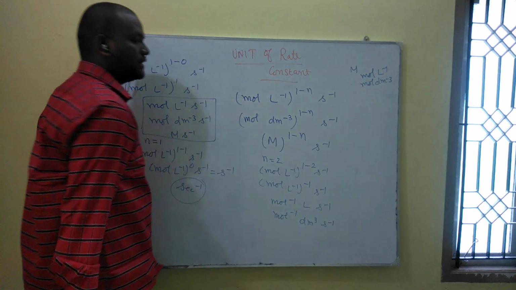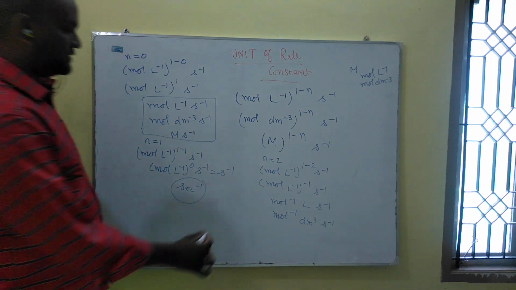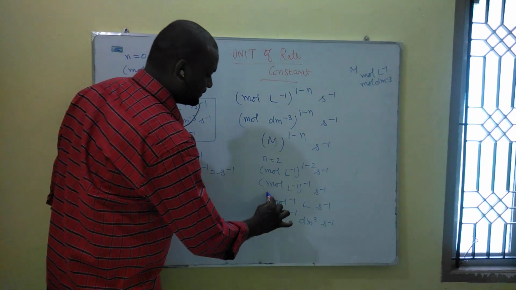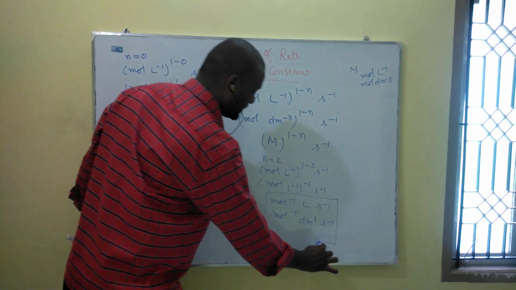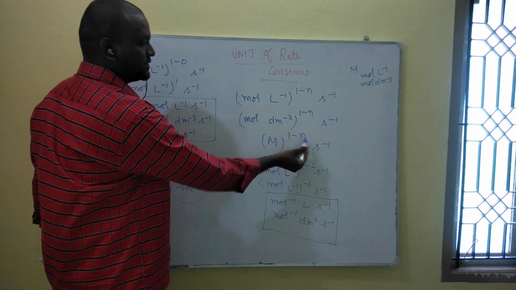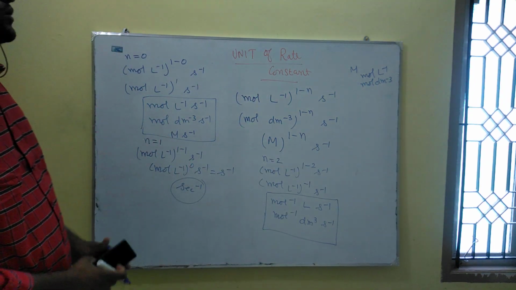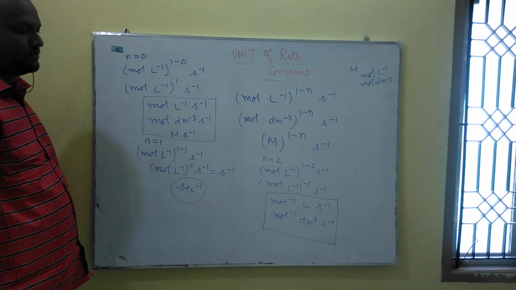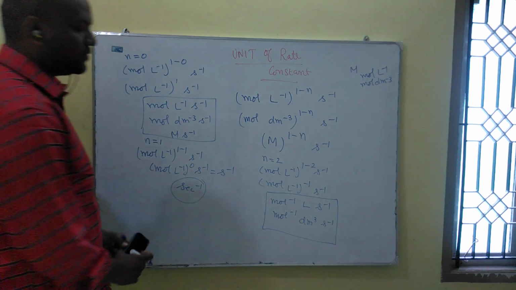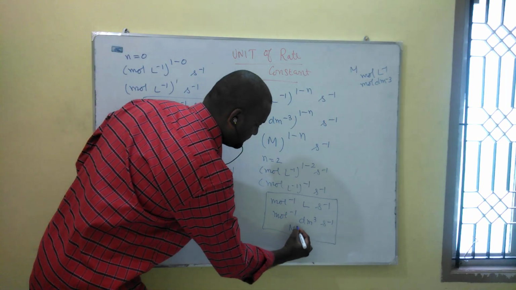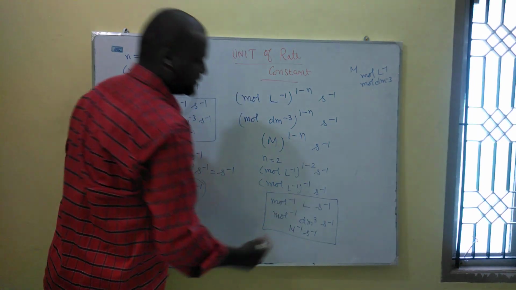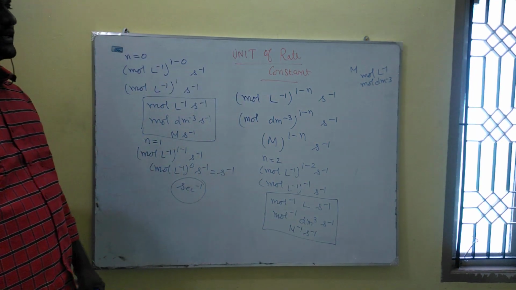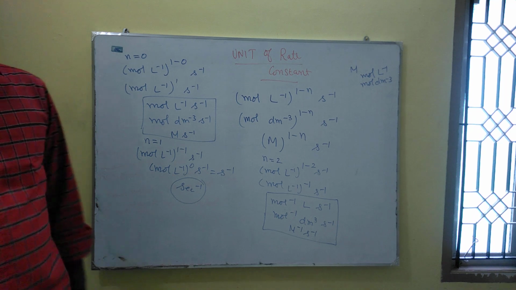Or simply, 1 minus 2 gives per molar per second, that is per mole decimeter cube per second. This is the unit for a second order reaction.